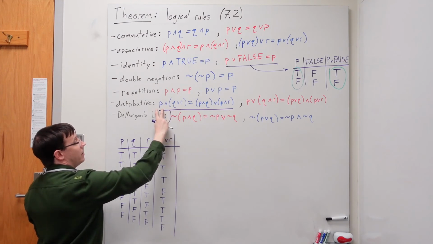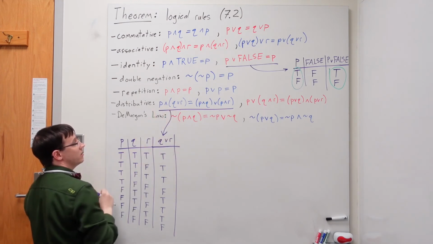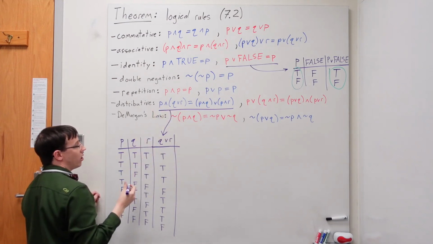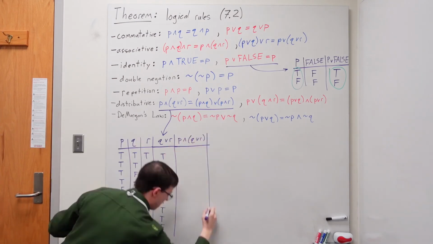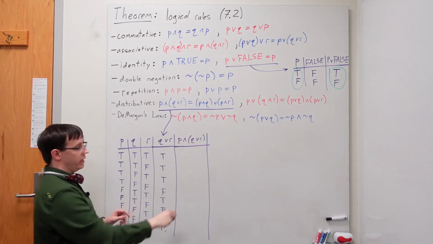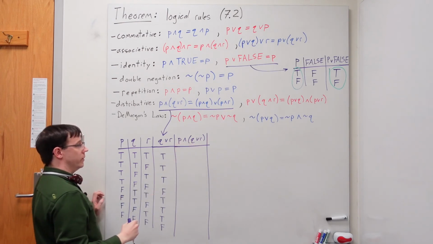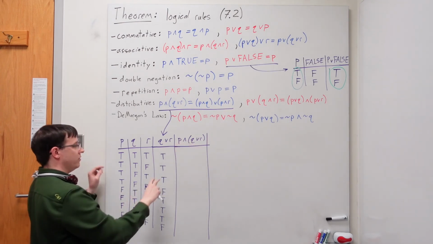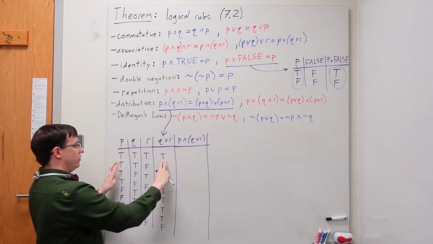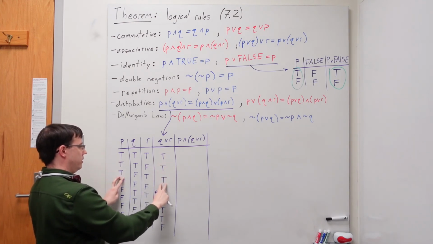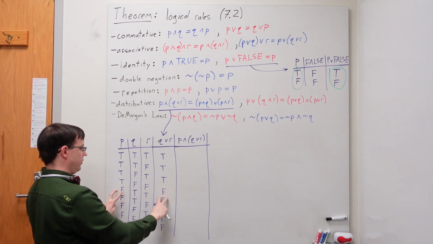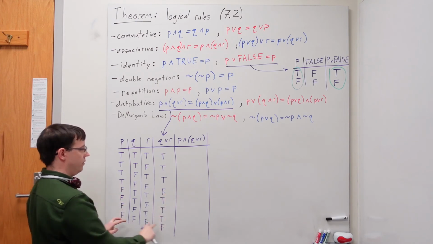And now we could AND that with P to get the left-hand side of our rule. So the AND will be true in the cases where both sides are true and false in all of the other cases. So we get true, true, true, false, false, false, false, false.